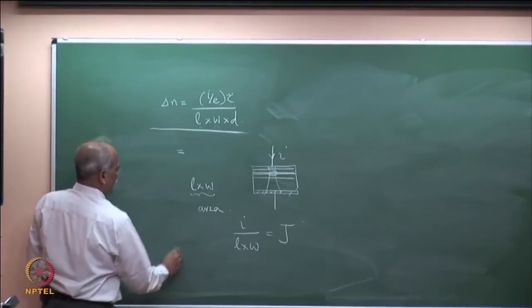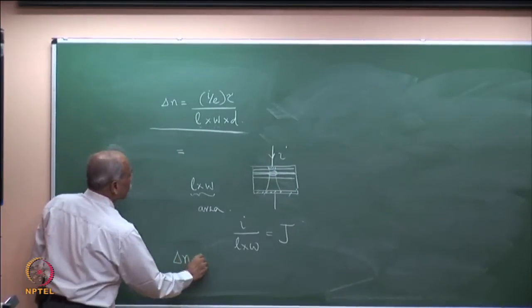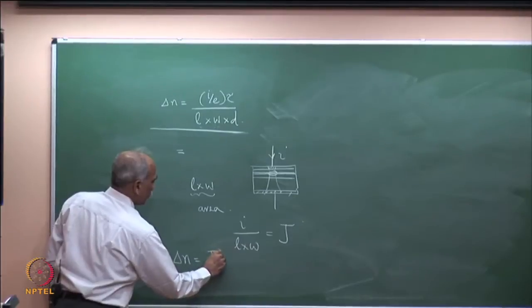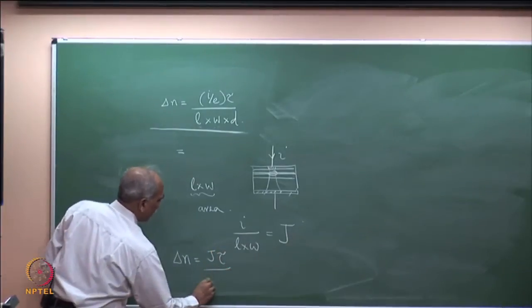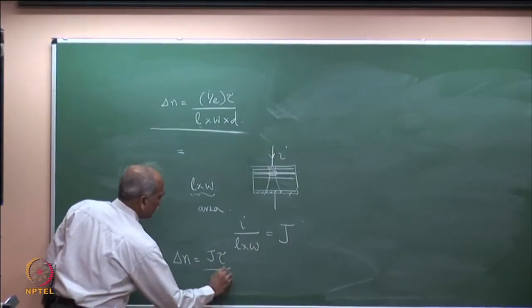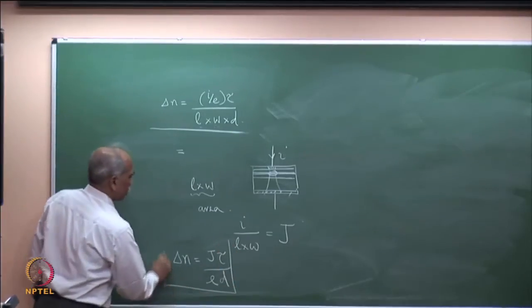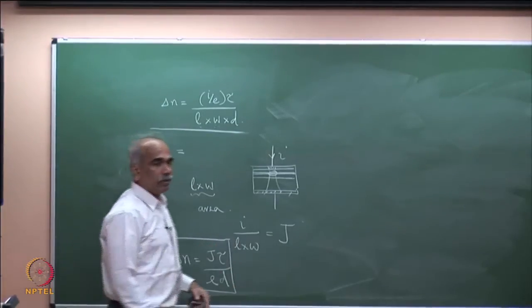Therefore, delta n is equal to J into tau divided by E into D. This is an expression we would need later.